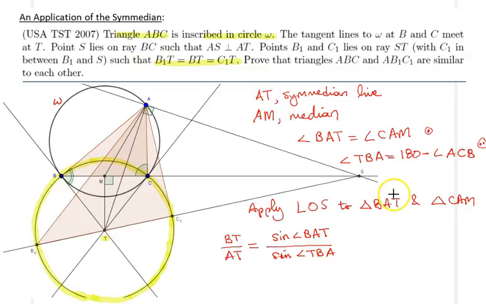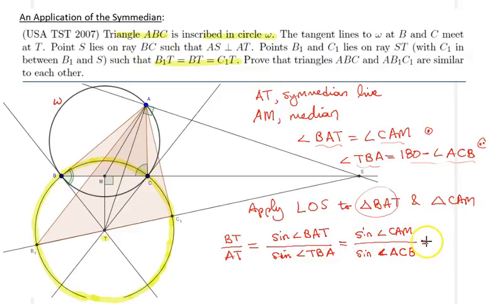And that in turn is equal to, well, we just established that BAT is equal to CAM, so their sines should be the same: sine of angle CAM. And TBA, we just realized, is 180 minus ACB, so their sines should be the same: sine of ACB. Even though the angles are not equal because they are supplementary, their sines are the same.